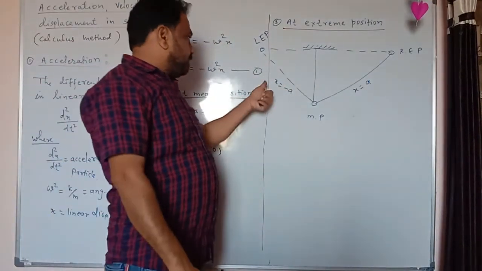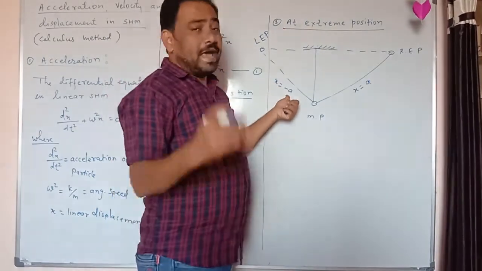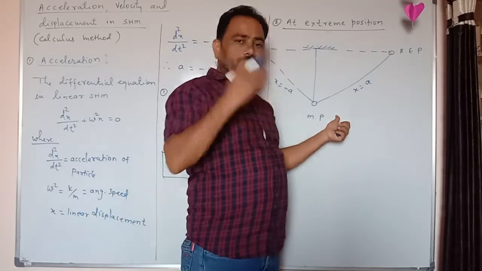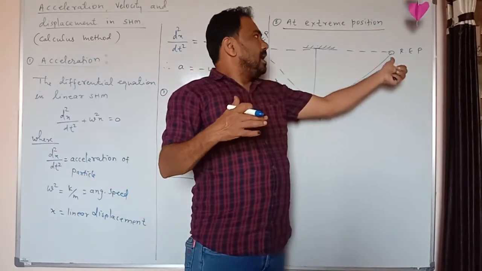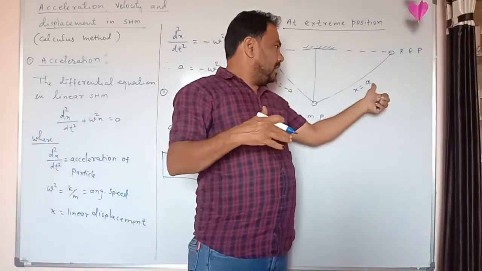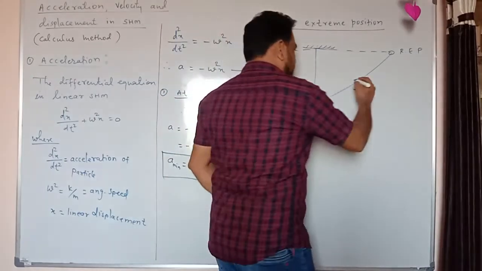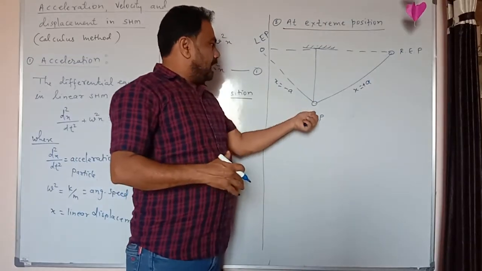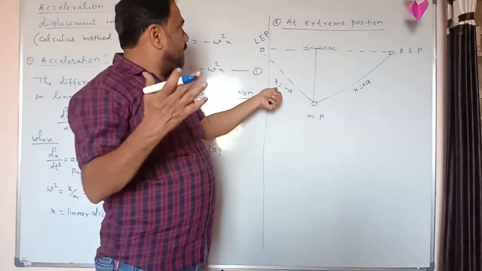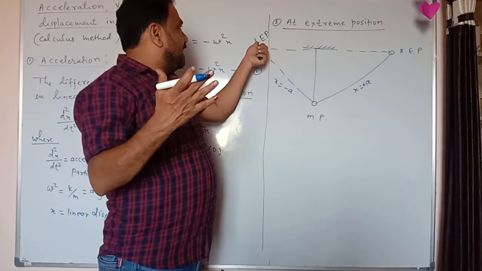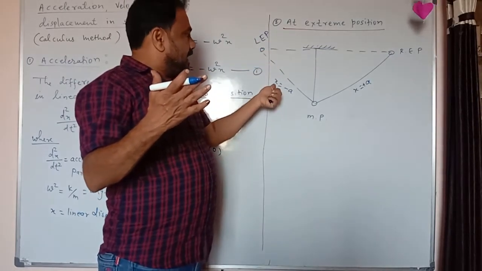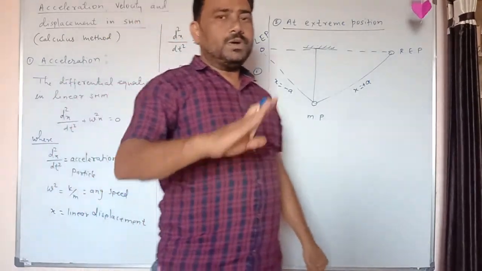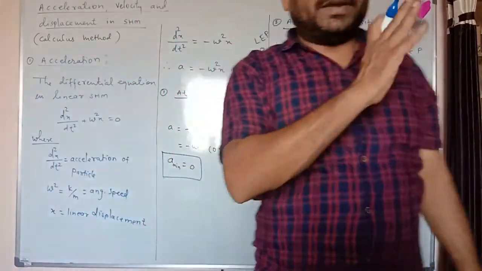So this maximum displacement is called amplitude. If the maximum displacement of the particle is at right extreme position, then consider plus A, that is plus amplitude. And if the maximum displacement is in left extreme position, then x is equal to minus A. Plus means right side, and minus means left side.